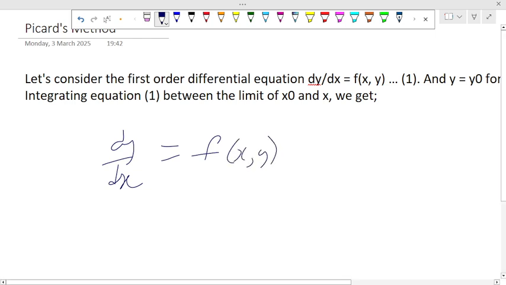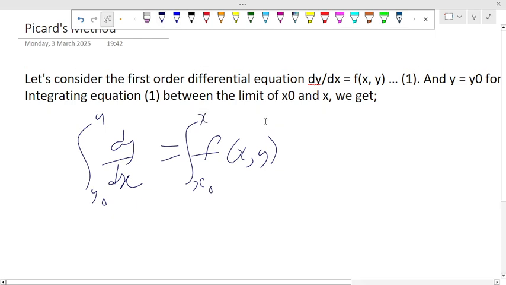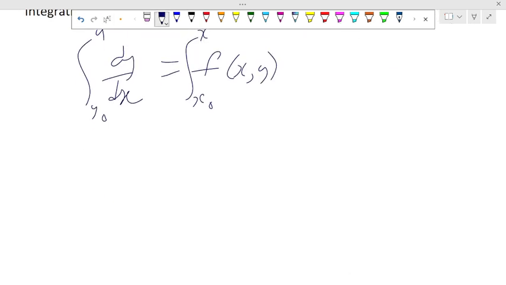So if we integrate this from y0 to y, and from x0 to x, of course the x term we move this way, so we just have y here and x here.